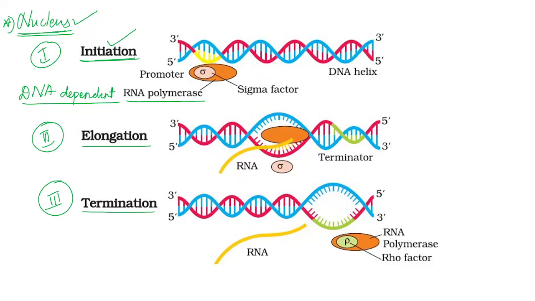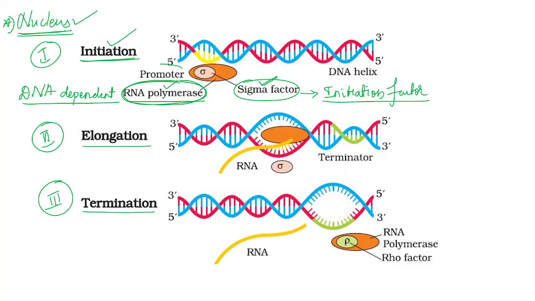In the initiation step, the enzyme RNA polymerase along with the initiation factor called sigma factor will come and bind to the promoter region of the DNA, that is, the promoter region of the transcriptional unit.